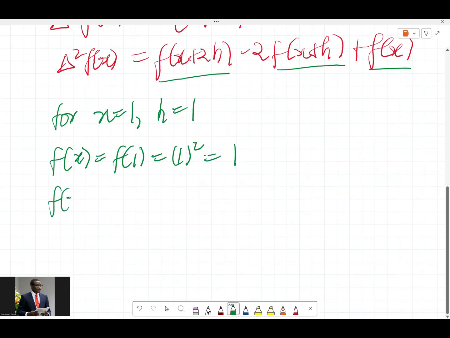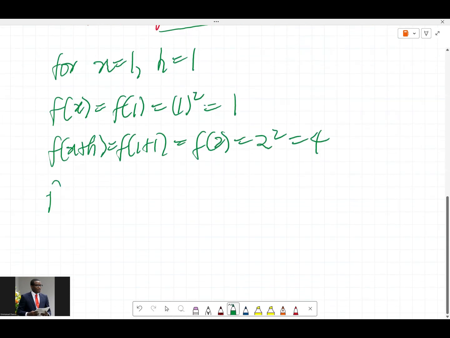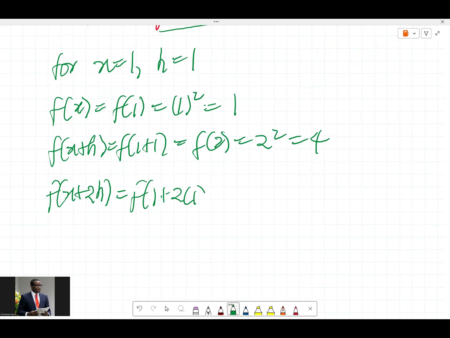Then f of x plus h is f of 1 plus 1, which is f of 2, that means 2 squared, and that is 4. Then f of x plus 2h is f of 1 plus 2 into 1, that is f of 3, which is 3 squared, and that is equal to 9.